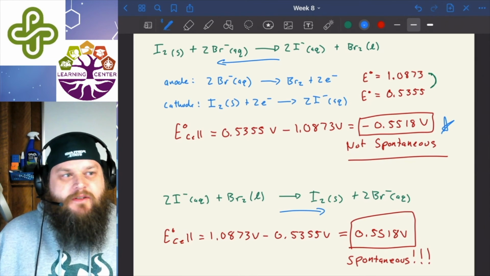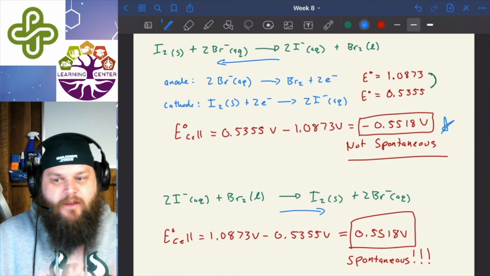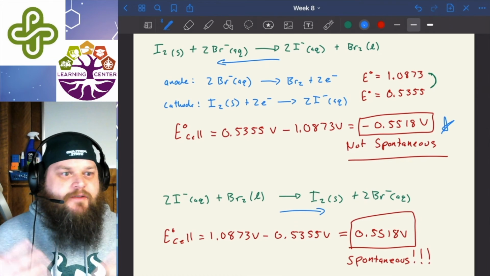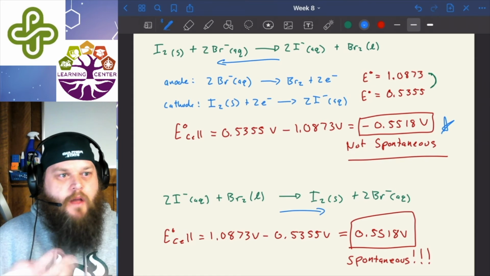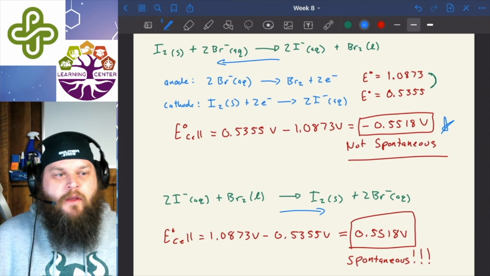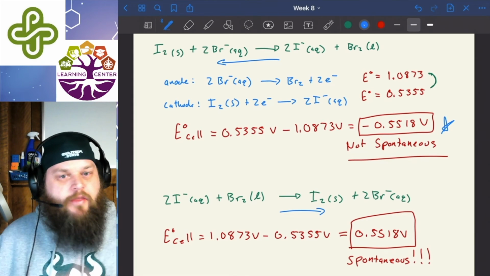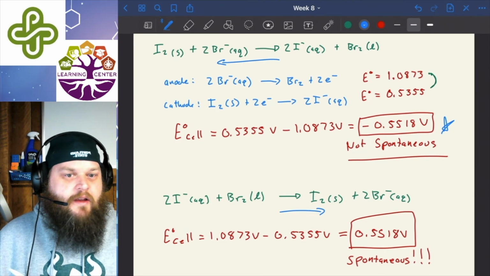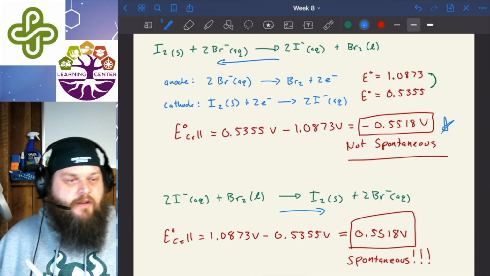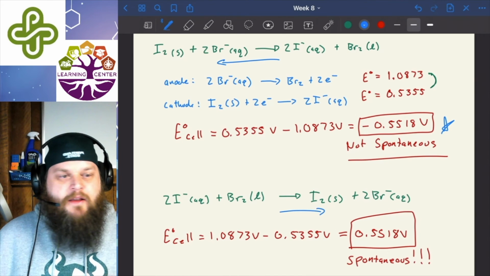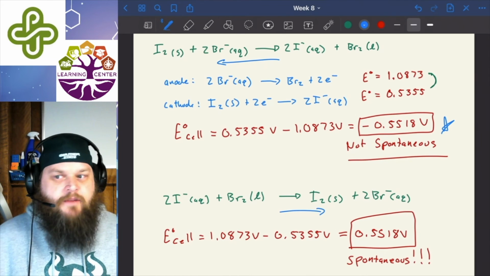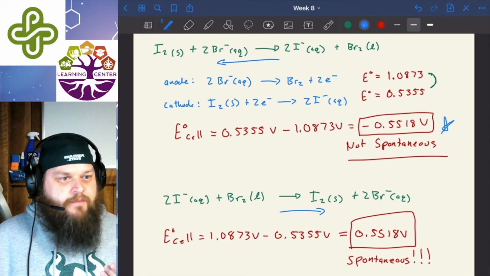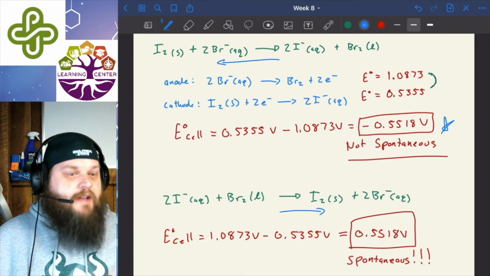Now, since we are talking about this cell potential relating us to the spontaneity of a reaction occurring, if we remember when we talked about thermodynamics, the spontaneity of something happening was really determined by the change in Gibbs free energy. That standard change in Gibbs free energy, if it was a negative value, was a spontaneous reaction.